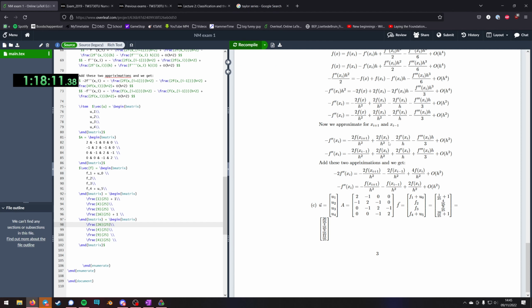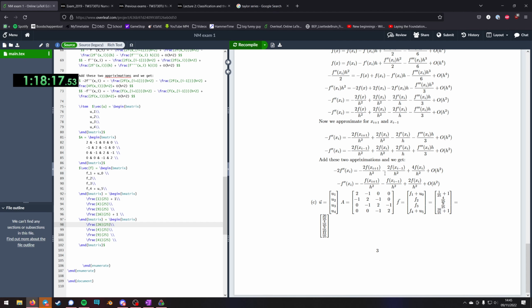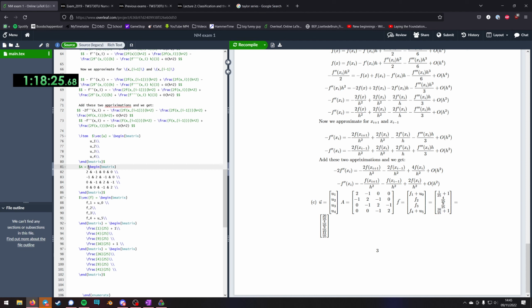I think the only thing you forgot is the matrix A should have 1 over h squared outside also. That is definitely true. I always forget that. But the rest I got the same as you. So this is 1 over h, and h here is 1/5. So 1 over 1/5 is 5.